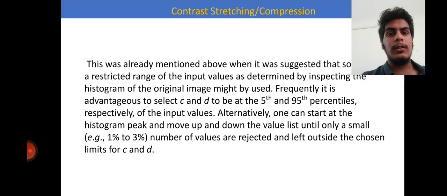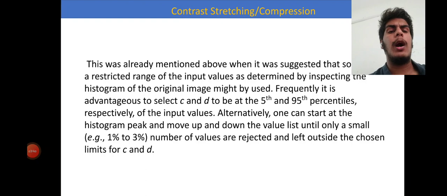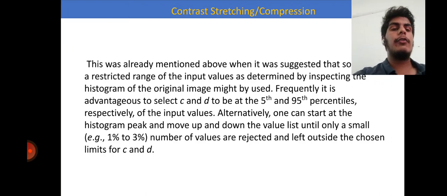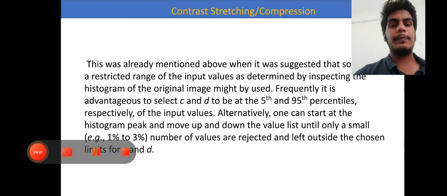Alternatively, one can start at the histogram peak and move up and down the value list until only a small number of values, for example 1% to 3%, are rejected and left outside the chosen limits for C and D.